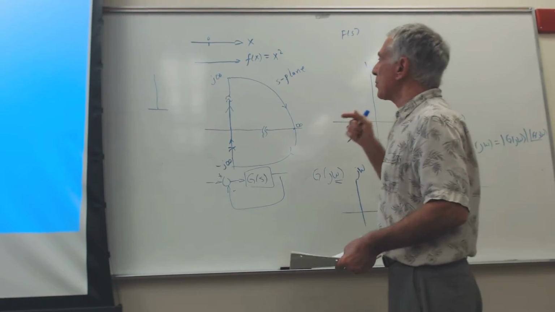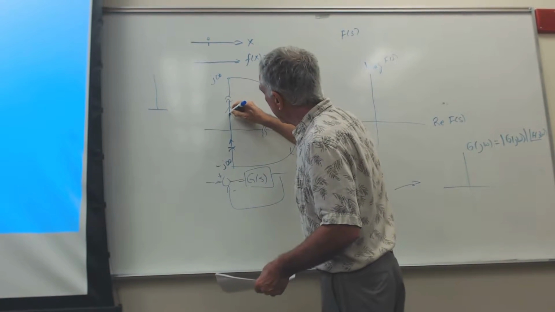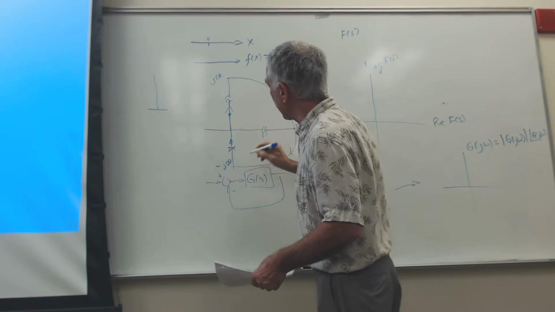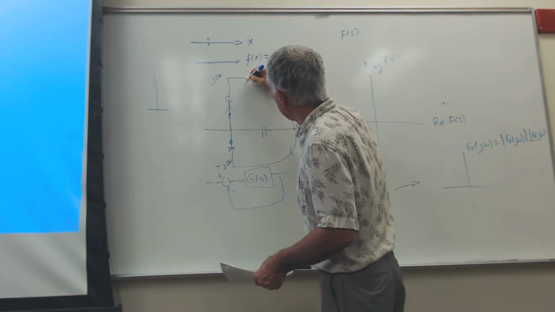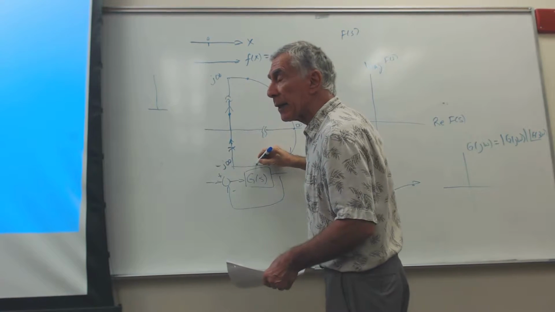And so notice one thing about this is that a point here is the complex conjugate of its mirror image down here. Likewise, a point here is the complex conjugate of its mirror image down here.